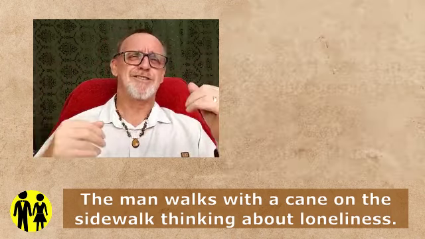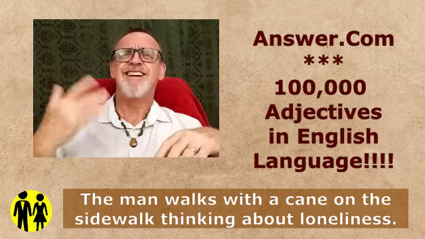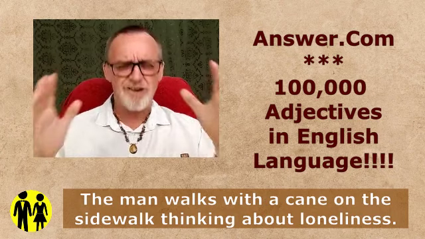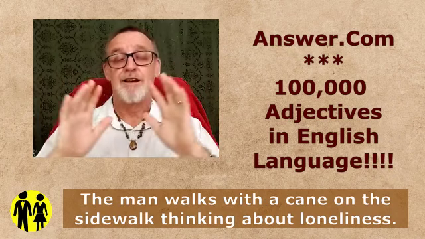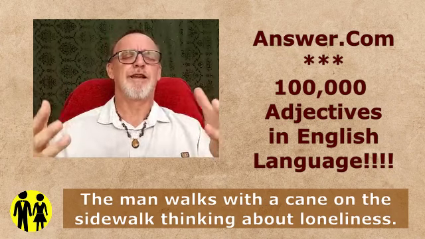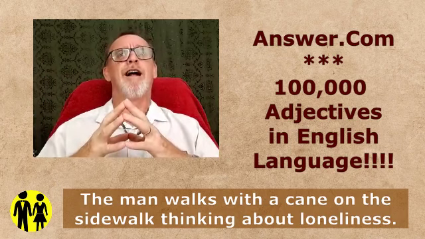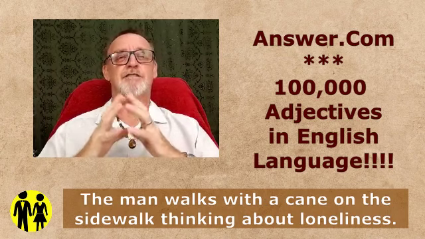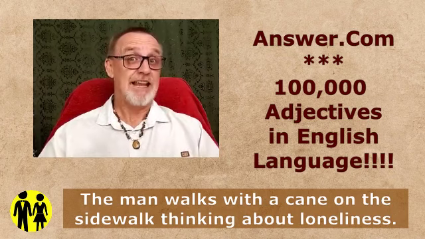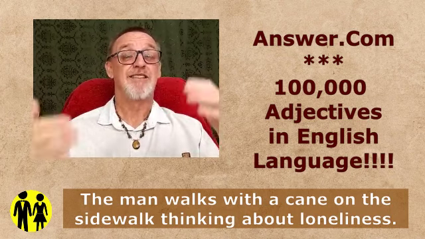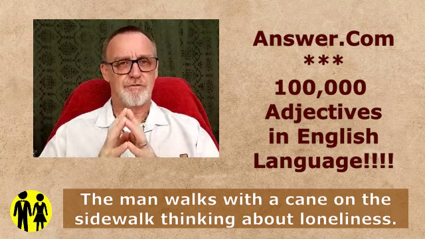According to answers.com, that's an internet site, there are at least 100,000 adjectives in the English language. Now, I don't believe everything that the internet says, but I do know that there are a lot of adjectives in the English language. Wow! If it is 100,000 adjectives, that's a lot of adjectives.